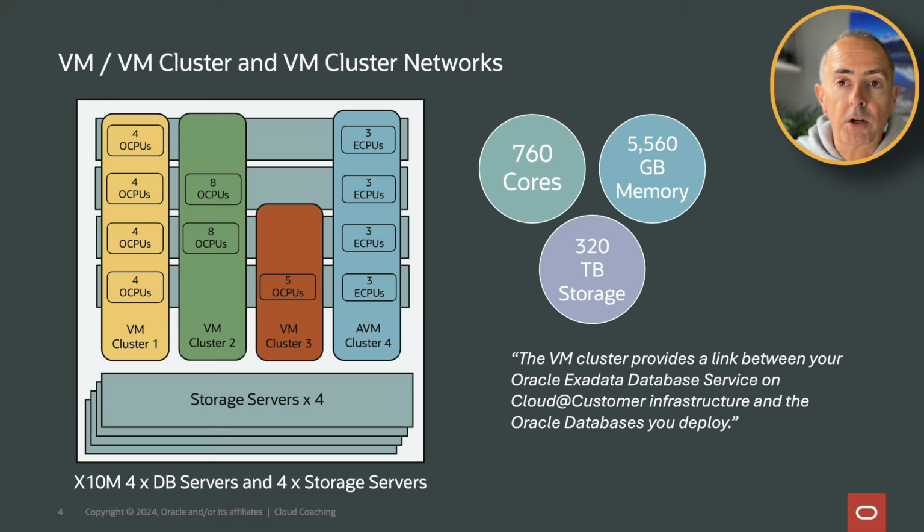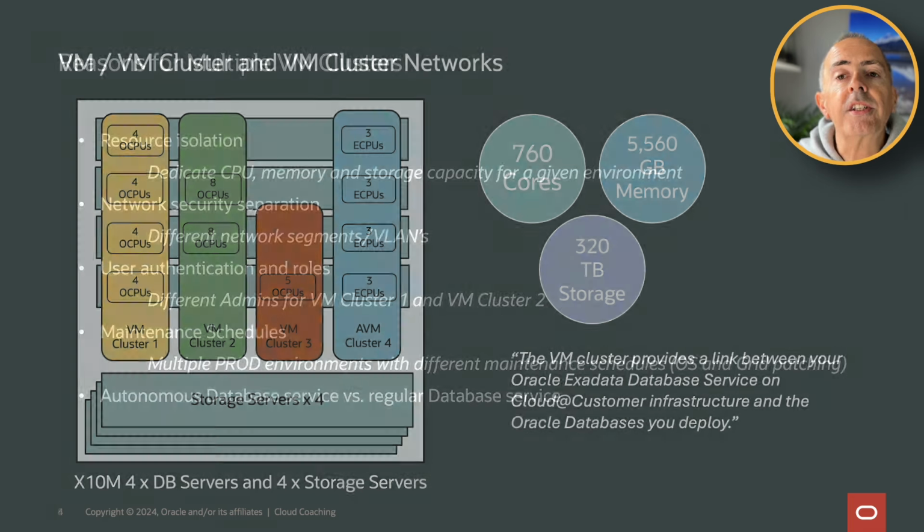Now, this needs to be in its own cluster, and this is how we run both autonomous and non-autonomous workloads on a single Exadata Cloud Customer. And for autonomous, there's an option to use a new metric for CPU resource allocation called eCPUs, which allow for more flexible use of resources.